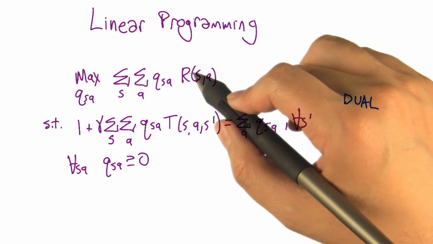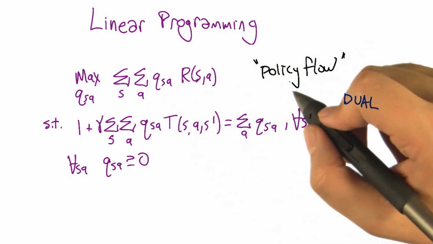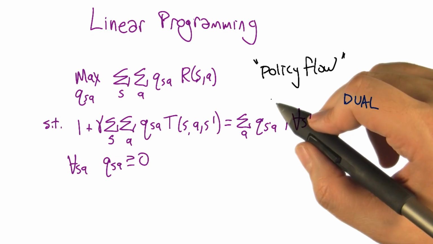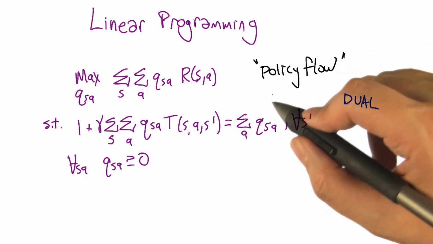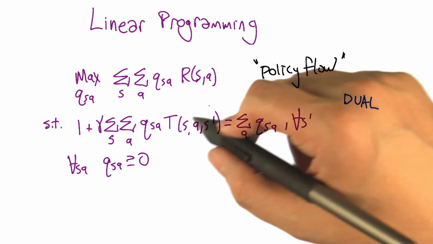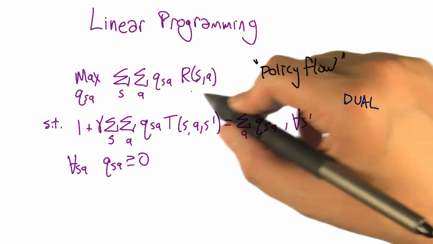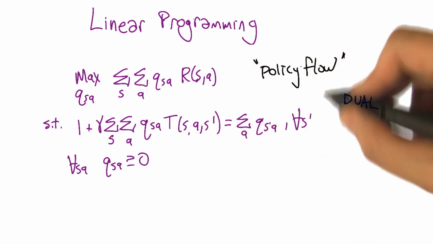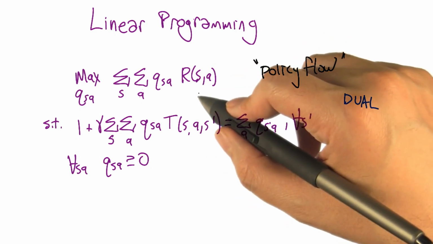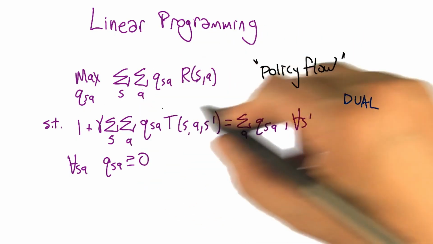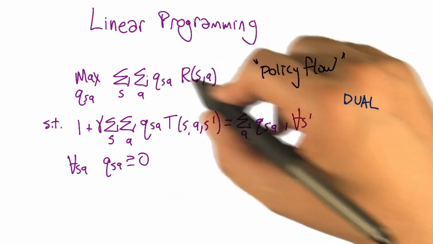One way I like to think about q_sa is as policy flow, sort of how much agentness is flowing through each state action pair. If it follows the policy, it's going to spend some time running around in the environment, passing through each state action pair. Each time it passes through a state action pair, we get the reward associated with that state action pair, and what we want to do is maximize that reward.